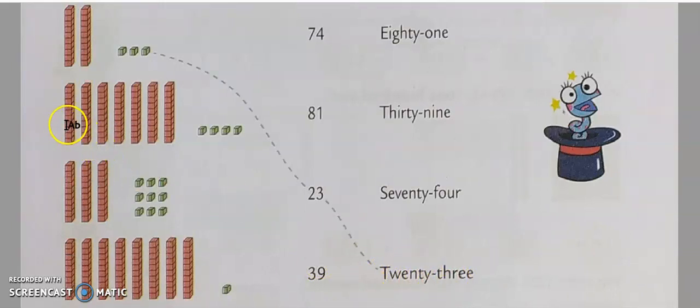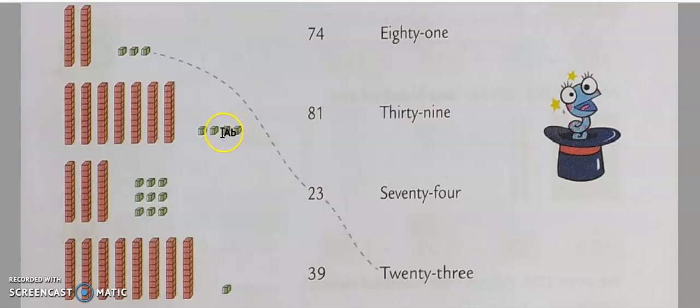Then the second one, how many tens are there? 1, 2, 3, 4, 5, 6, 7. 7 tens are there and 1, 2, 3, 4. 4 ones are there. So the number will be 74. So where is it written? Here it is written 74.